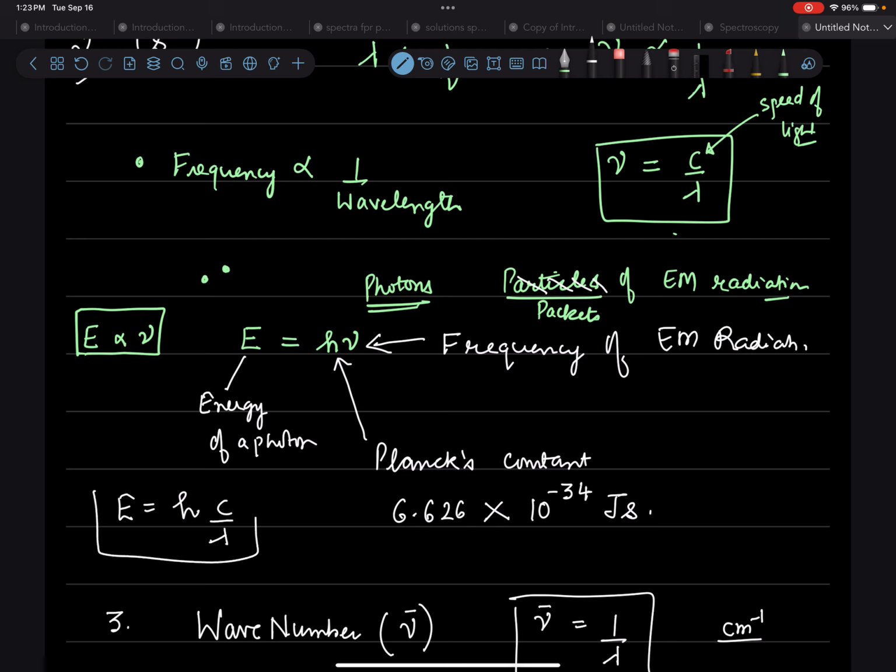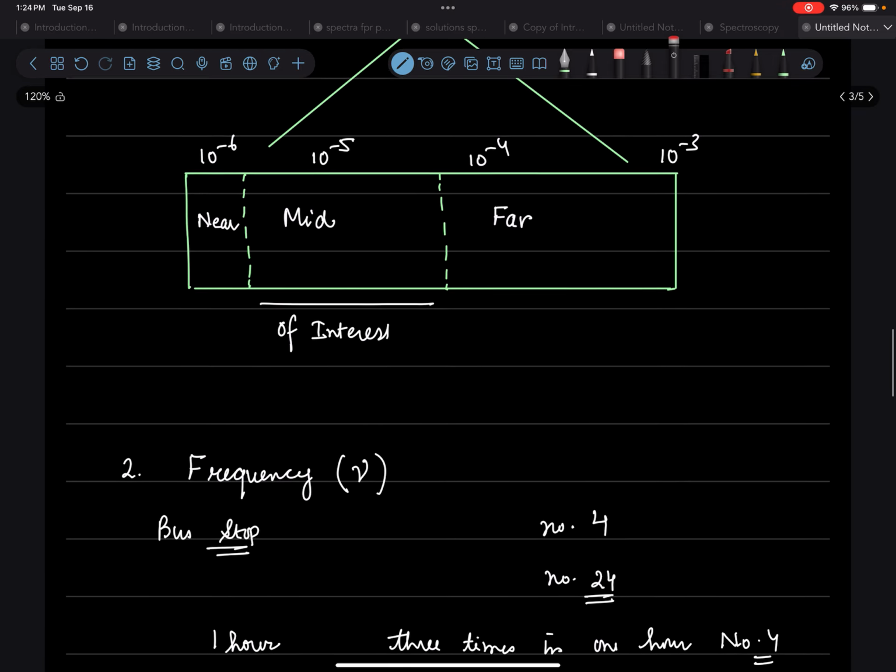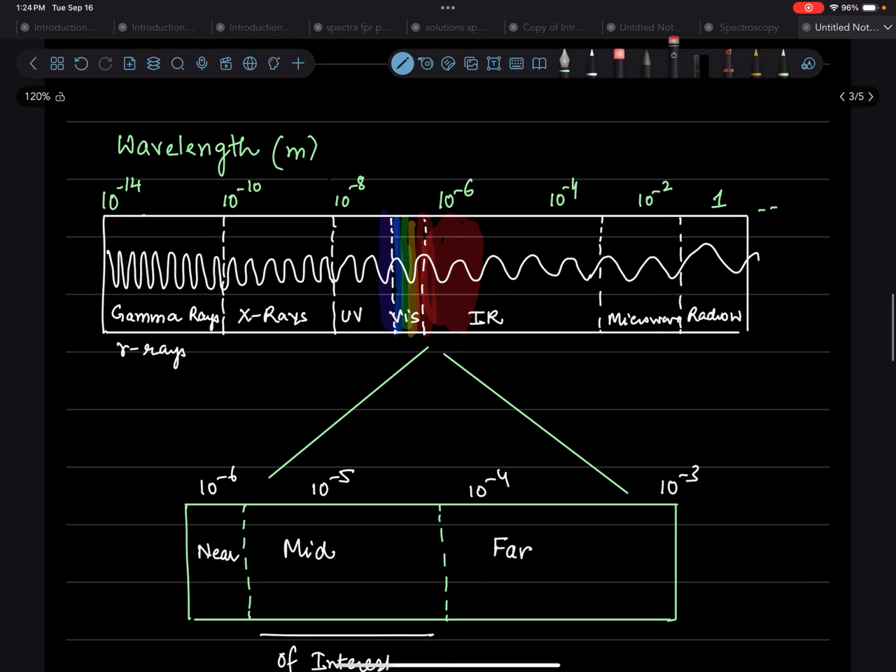Which means that energy is inversely related to lambda. If something has greater wavelength, it would have less energy. Since the wavelength is increasing as we move from left to right, energy is decreasing.